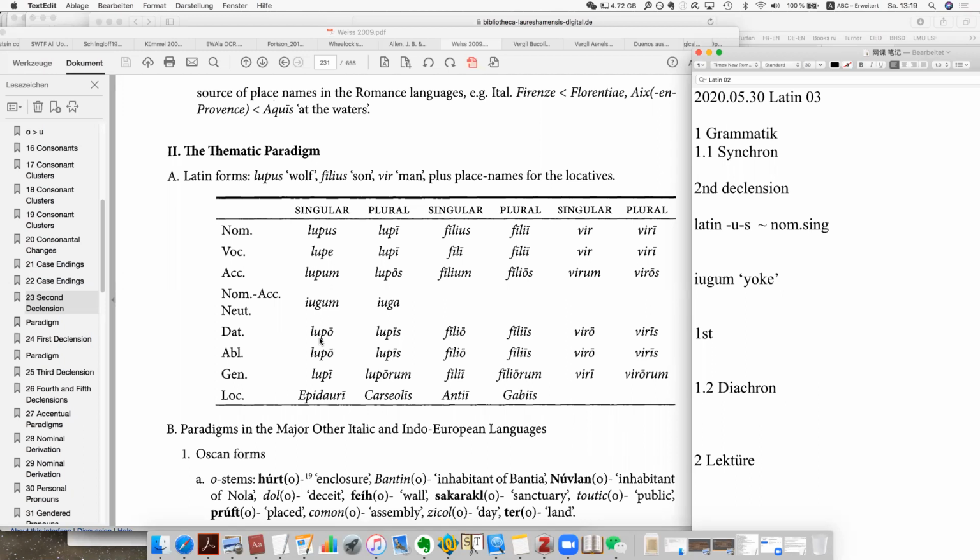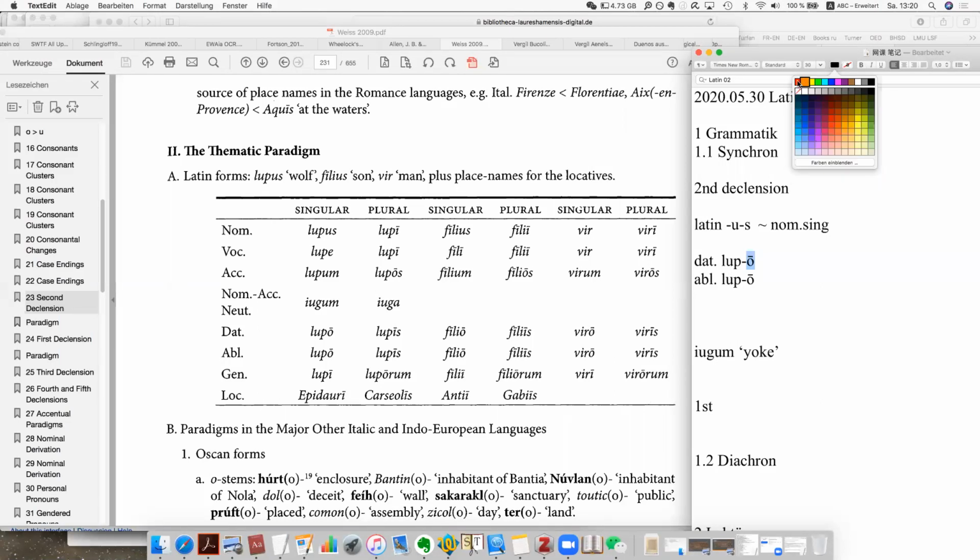And then again, for the wolf, its dative is lupo, and the ablative is also lupo. It's actually the same, but the background is different. If you don't learn Sanskrit, or Greek, it's not that instructive, but if you know Sanskrit, you will know that they are different.